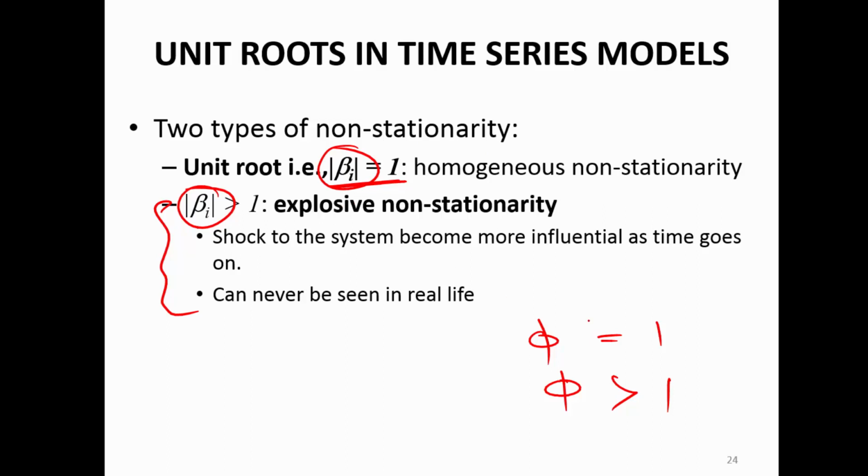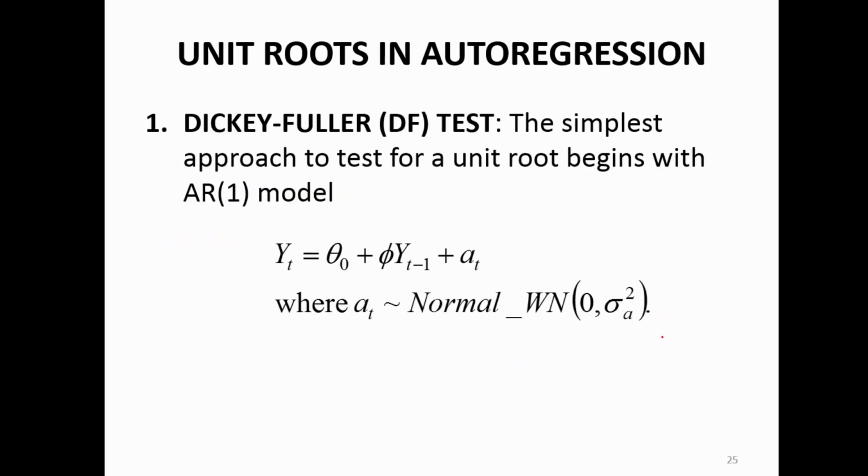The first case, when phi equals 1, we can get to know using the Dickey-Fuller test. This is a test using which we can find out whether there is presence of unit root or not. Unit root is just another way of saying whether it's a random walk series or not.